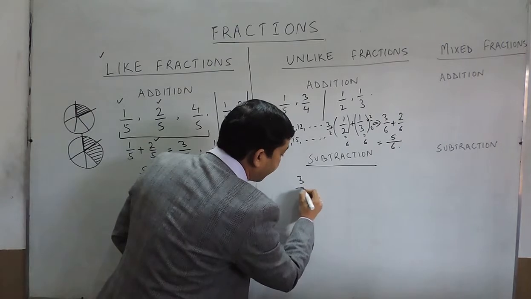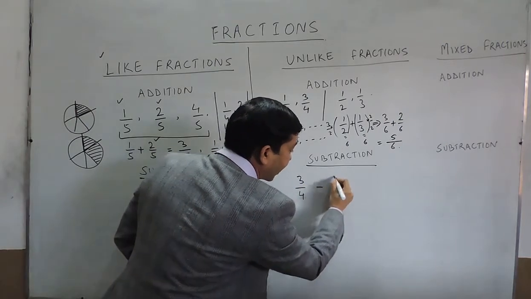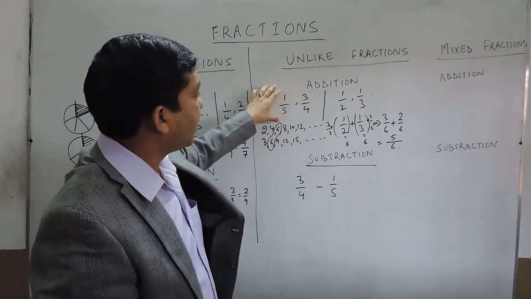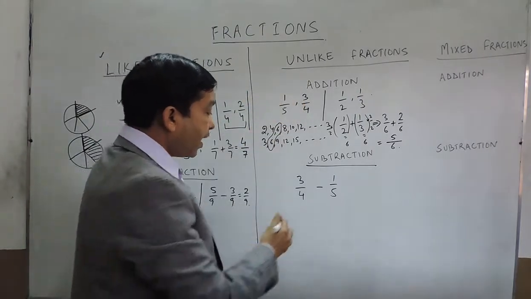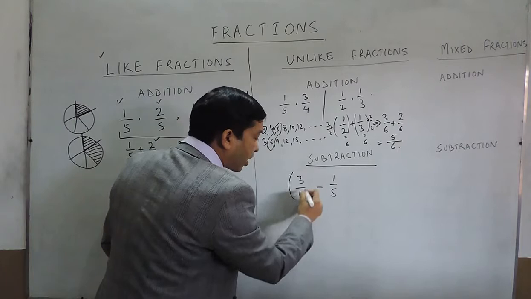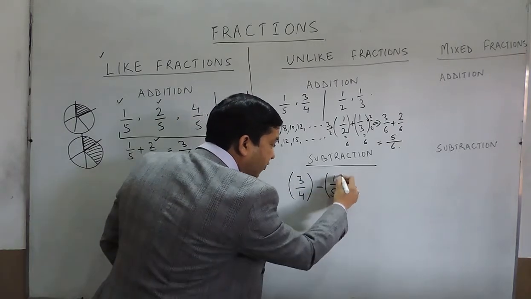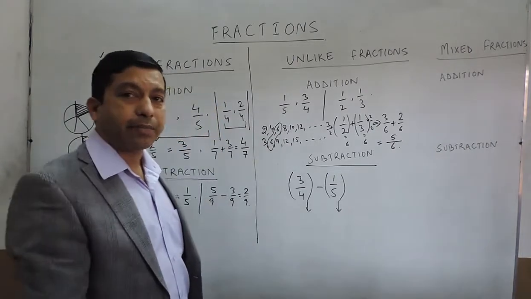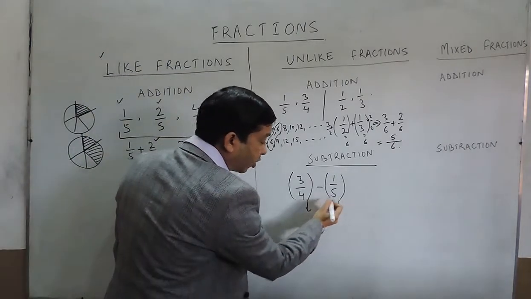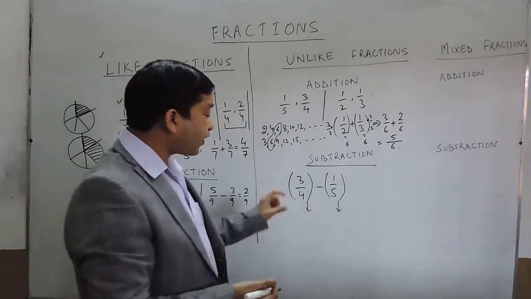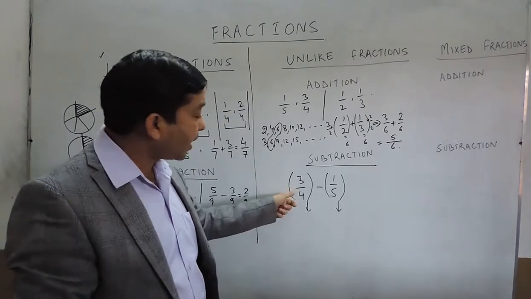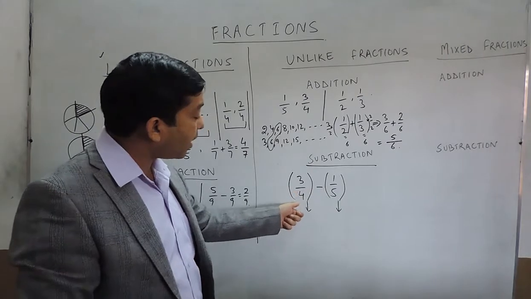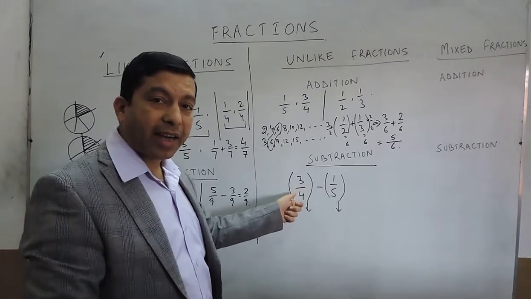I am saying it is 3 upon 4 and we are subtracting 1 upon 5 out of it, as the example we have taken for the unlike fractions. Here also, first of all we have to convert this and this fraction to something where the denominators become same. When I am saying denominators become same, if the 4 is there in the denominator, then the equal fraction must be having the denominator which is having a factor as 4.